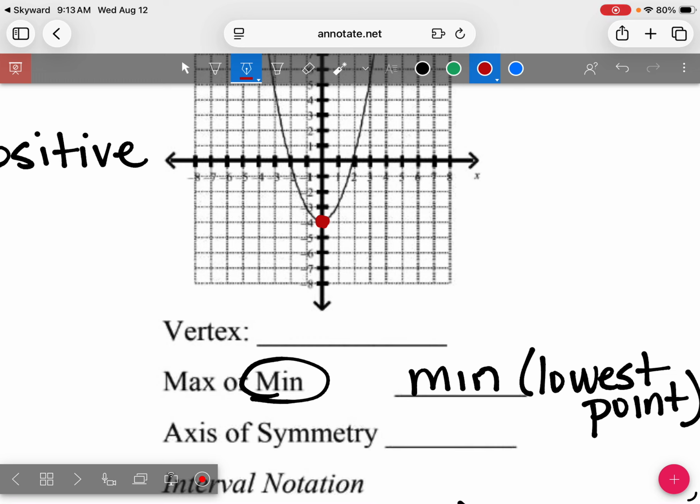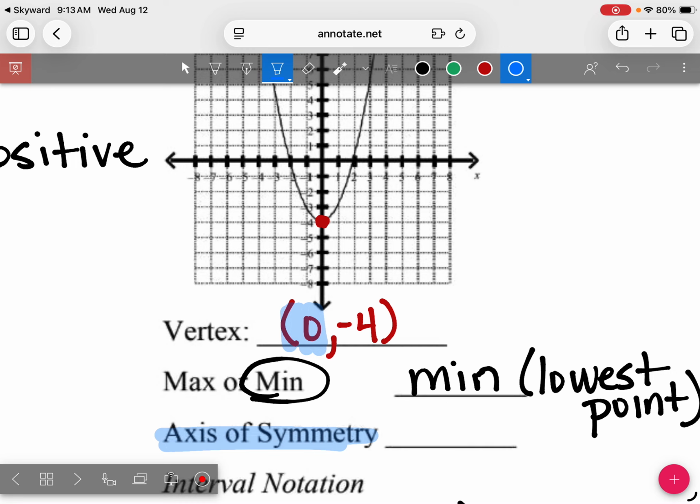Let's go ahead and name that ordered pair. So because it's on the y-axis, x is 0, y is -4. Okay, in this vertex, this x value tells us where our axis of symmetry is.